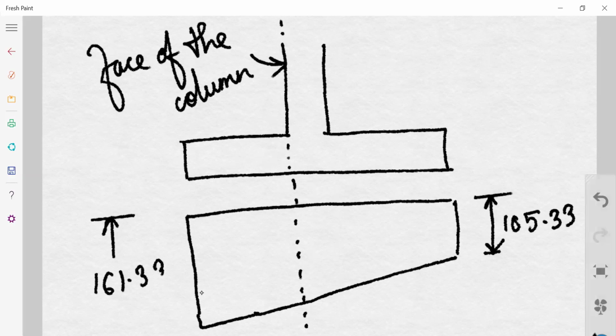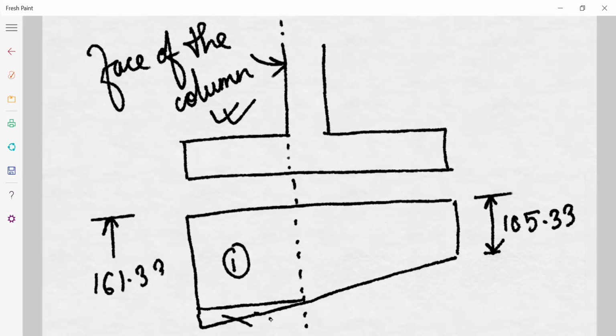For this, we divide it into two parts, because we consider the bending moment either from the left or the right. We'll consider the left part for finding out the bending moment. I'm considering this as area 1 and this one as area 2.